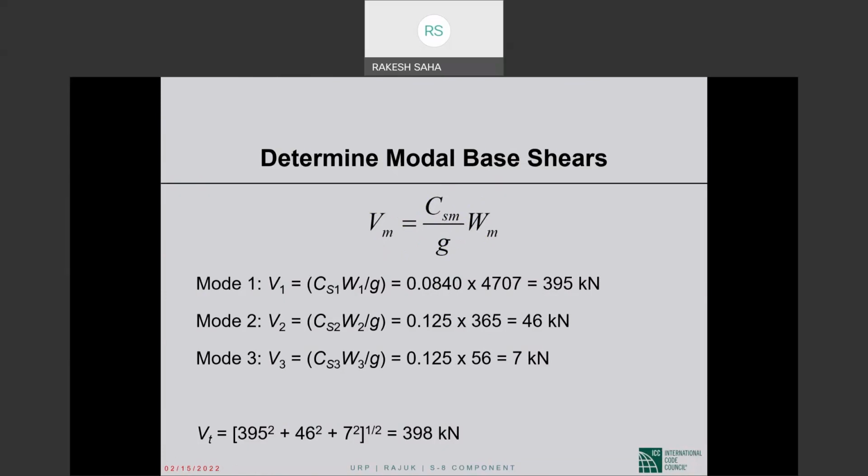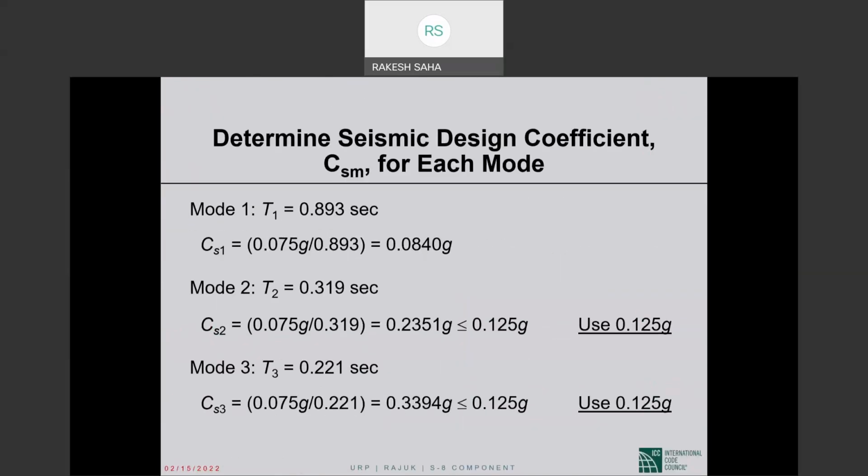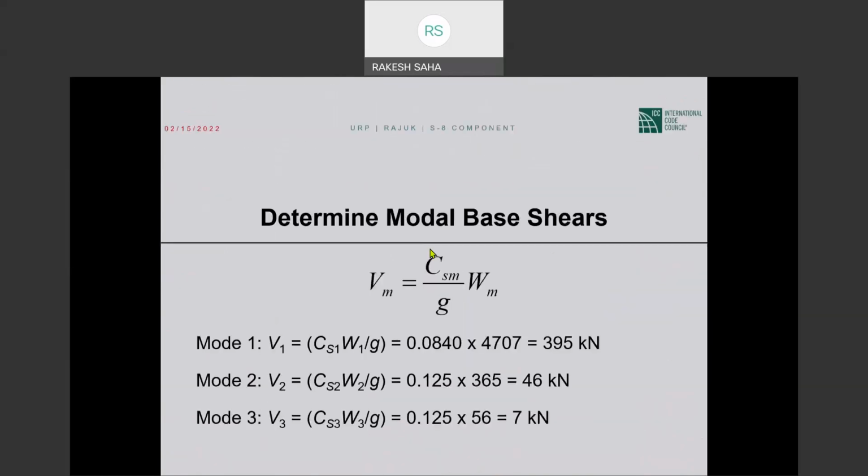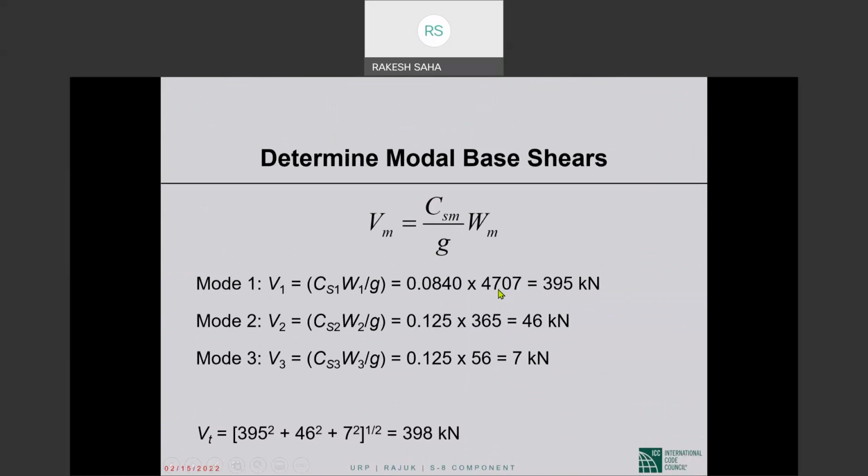So V sub 1 comes to 0.840, which is the coefficient that we calculated here, times the modal mass, 4707, the calculated value. So 395 kilonewtons. The second mode base shear is 0.125 times the modal mass, 46 kilonewtons, and the third mode base shear is 7 kilonewtons.